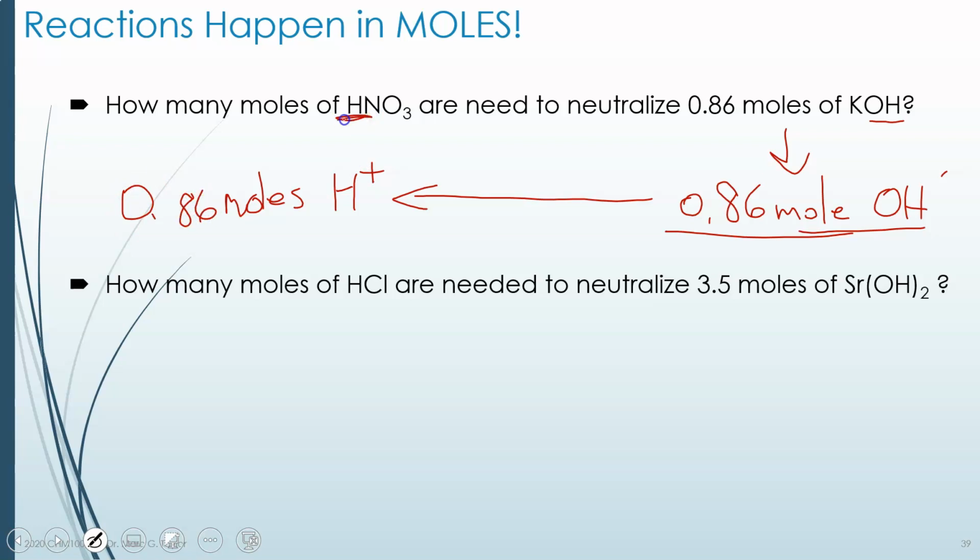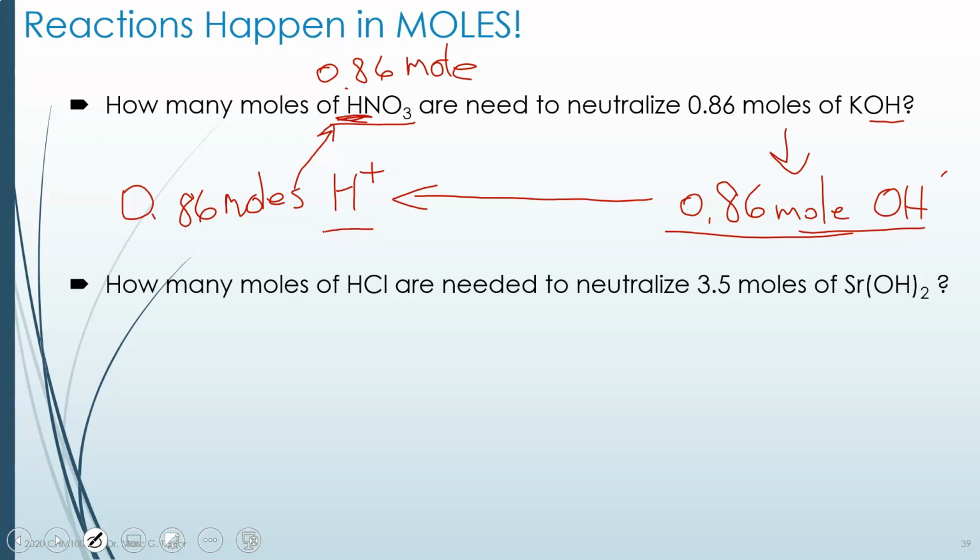And we also see that there's exactly 1 proton for every nitric acid, so the number of moles of protons will be exactly equal to the number of moles of our nitric acid. Again, it's a 1 for 1 relationship between the number of moles of the acid and the number of moles of the protons being released from that acid.